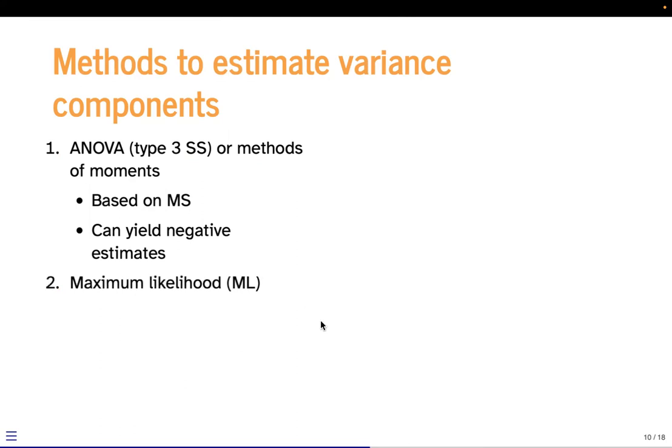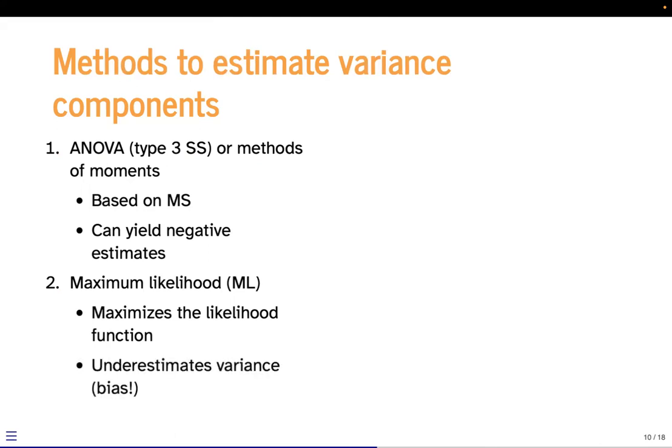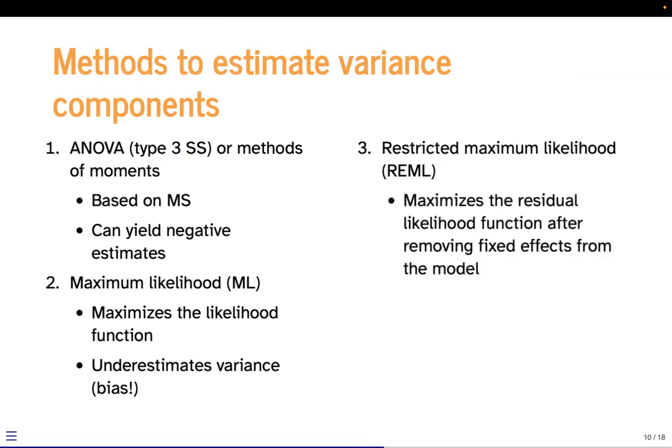Another approach is maximum likelihood, which basically maximizes the likelihood function. It is known to underestimate the variance components, so it is biased. The last one, which is what we plan to use most of the time, is restricted maximum likelihood, or REML for short, which maximizes the residual likelihood function after removing the fixed effects from the model.